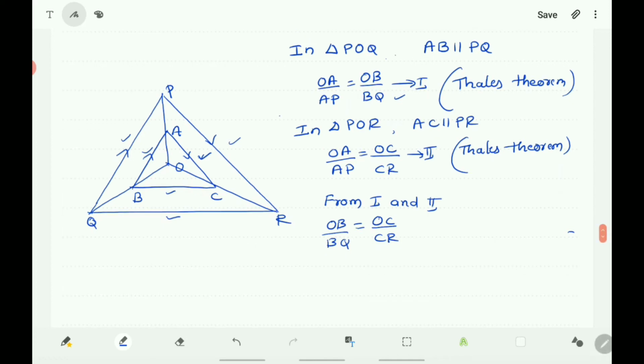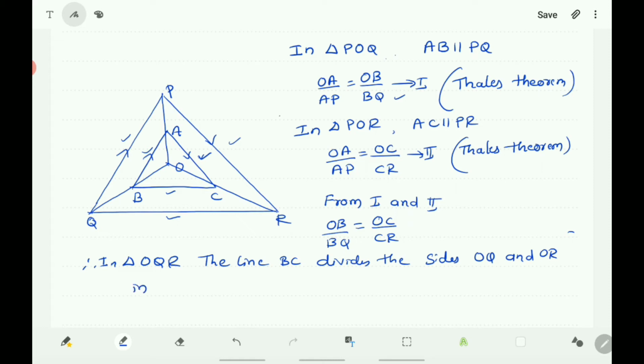So you can say that, therefore in triangle OQR, the line BC divides the sides OQ and OR in the same ratio.